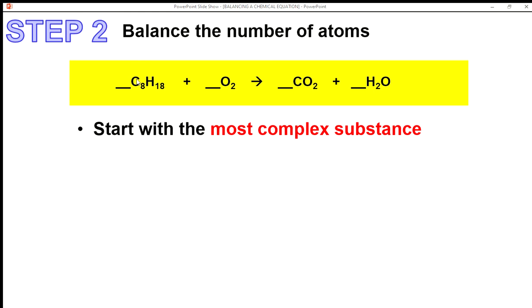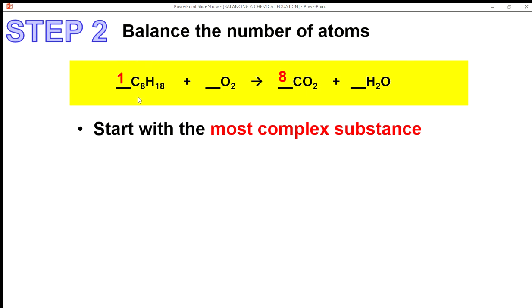Since octane has 8 carbon atoms and 18 hydrogen atoms, compared with oxygen, carbon dioxide, and water, octane is far more complex. So we are going to start with octane. We are always going to start with the more complex substance.